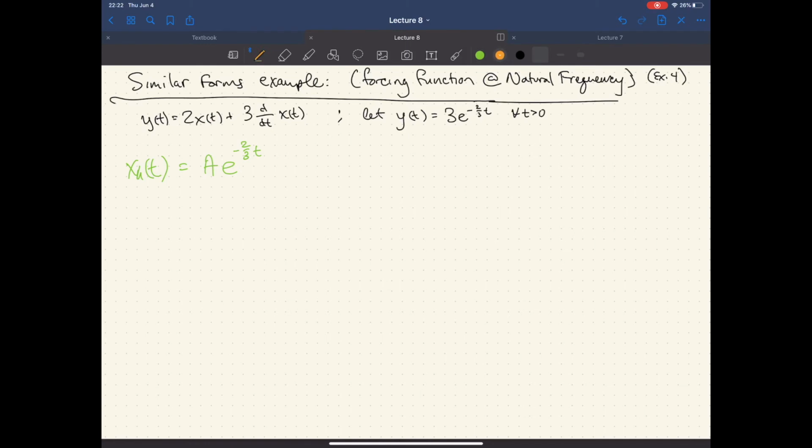When we go to look at our particular solution now, we see that it should be some constant times e to the minus 2/3 t, based on the rules that we've established. The problem here, though, is that these two are of exactly the same form. They just have different constants.